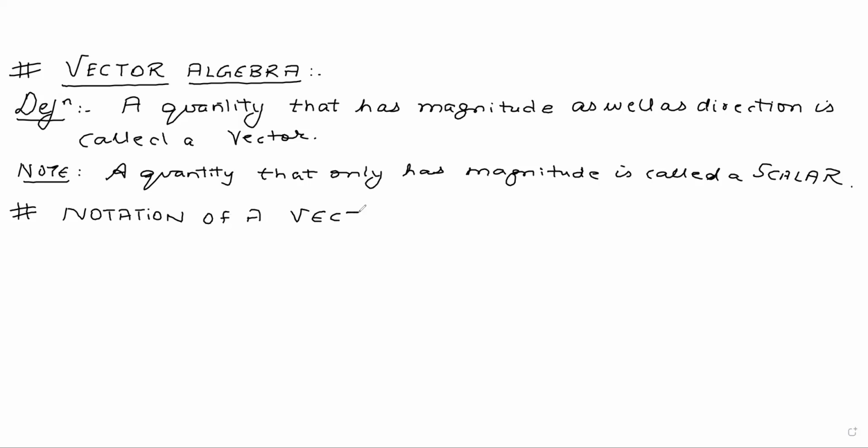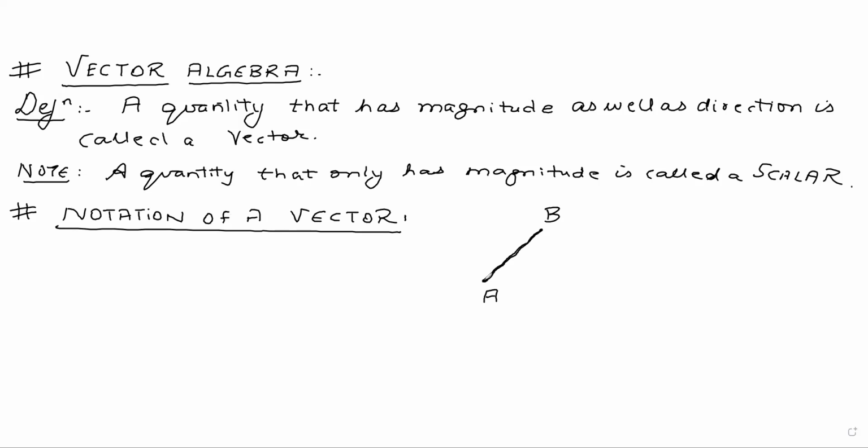Notation of a vector. So let us see how we draw a vector. So I am taking 2 points on the screen. This is point A, this is point B. And if I join these points using a line segment, I get the vector AB.